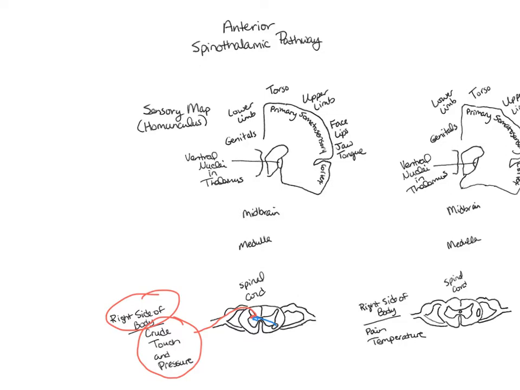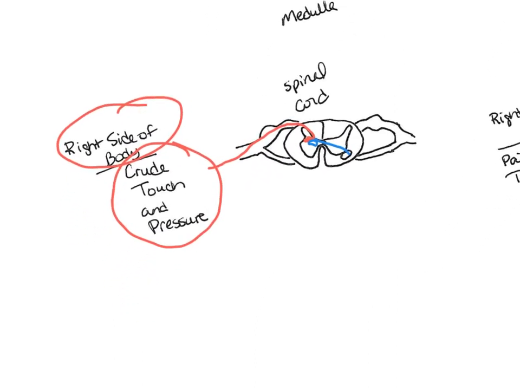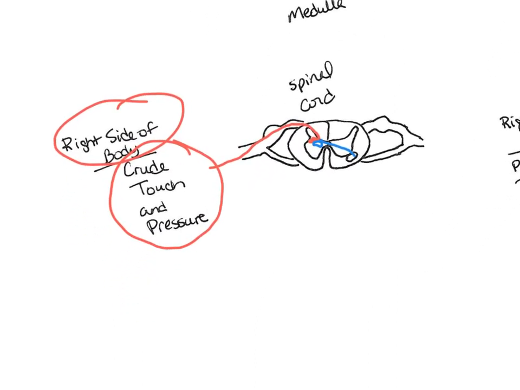So can you see that? Right? So it's the second order neuron right there that synapses with the first order neuron, crosses the spinal cord, and now it's going to go up.